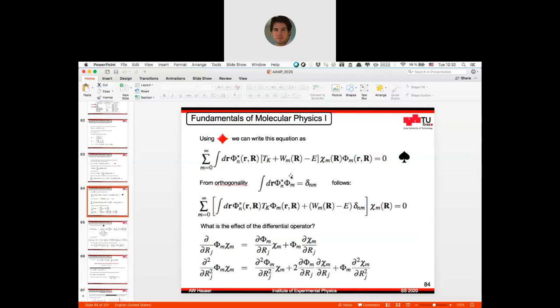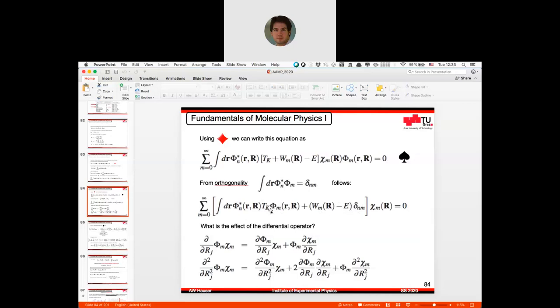However, the other expressions in these brackets here, W_m of R and E, are not dependent on the electronic coordinates. Therefore, I can pull E, which is just a constant, and this potential expression out of the integral and perform this integral here, which gives me the Kronecker delta nm. With this knowledge, I end up with this expression. So the only thing that remains is this integration over the T_K, and here we have a delta nm.